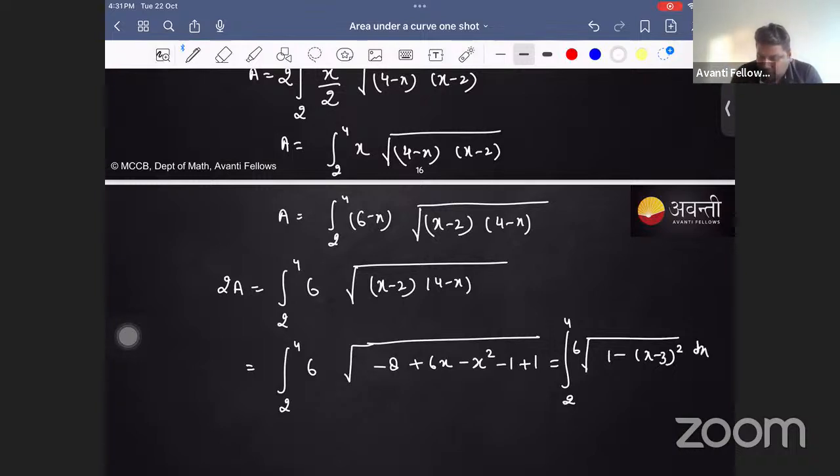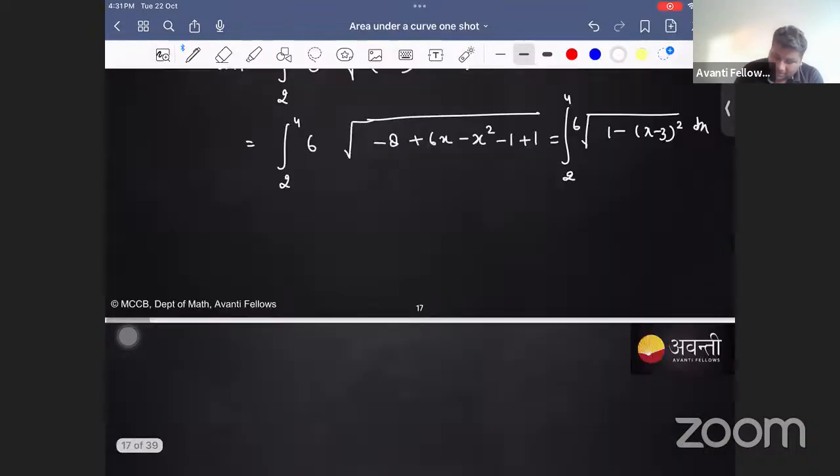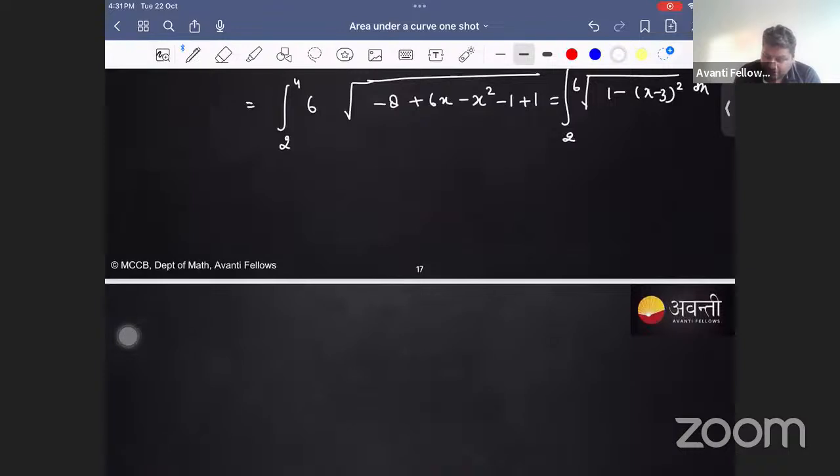Now integration formula also we can use, but you can simply see that this curve, if I see in the rough, y equals under root of 1 minus (x minus 3) whole square. This is y square plus (x minus 3) whole square equals 1.